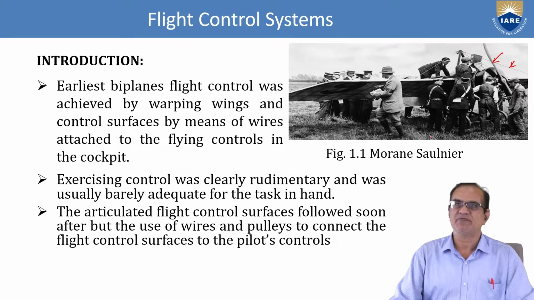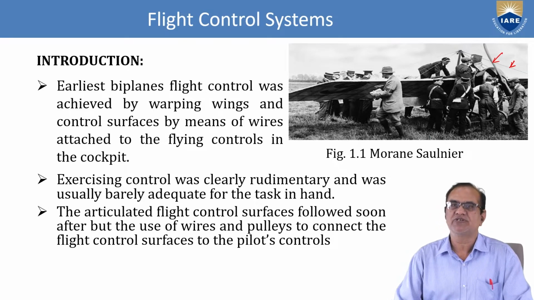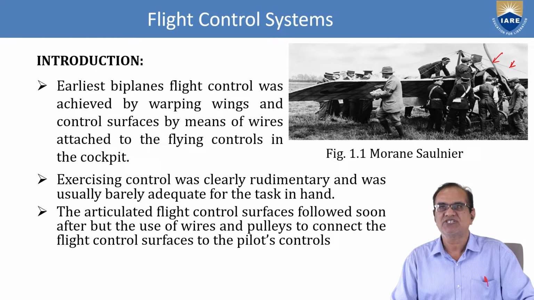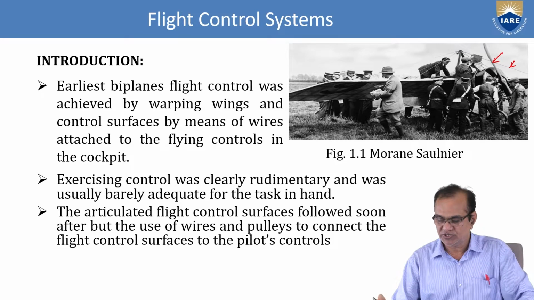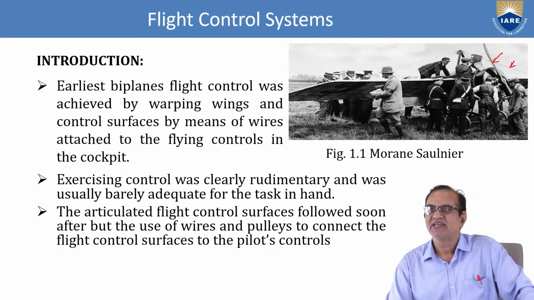Earliest biplane flight control was achieved by warping wings and control surfaces by means of wires attached to the flying controls in the cockpit. So you can see here that in the earlier days these wires were attached to the flight control.